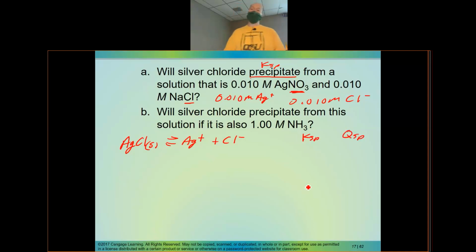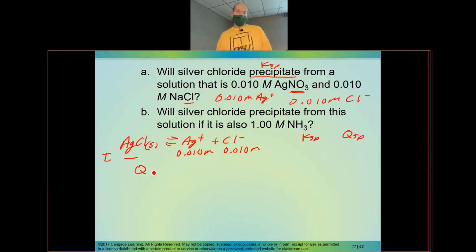If your Q is very, very large, the only way for that to be smaller is to lower the concentrations, which means you have to go to the left and form a precipitate. So we have to compare our Q to the K value. Initially, this is a solid, that's not part of our equilibrium. Ag plus 0.01, Cl minus also 0.01.